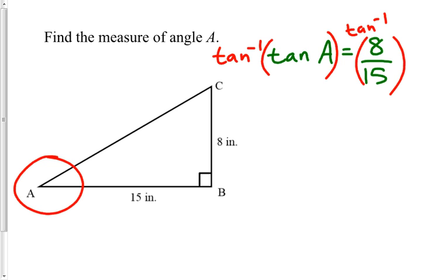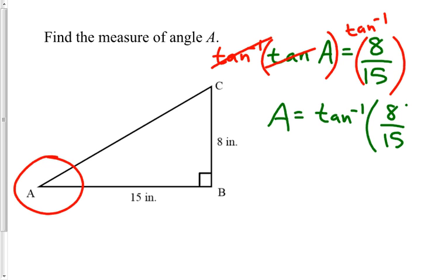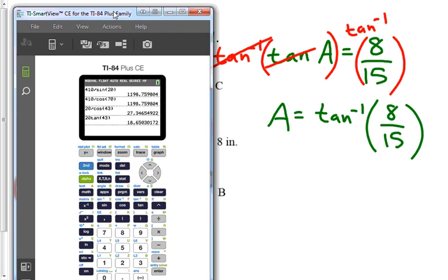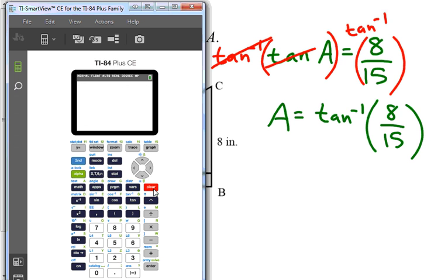This is what gets us angle A by itself, because now the inverse tangent undoes the tangent and gets us angle A all by itself. And what it equals is the inverse tangent of 8 over 15. And this is what we can plug into our calculator. Second tangent, 8 divided by 15.